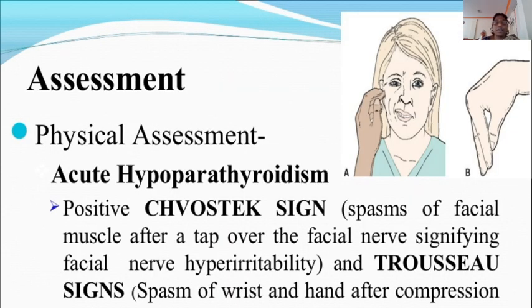Then assessment. How to assess a patient diagnosed with hypoparathyroidism. In assessment, history and physical examination. Physical assessment, acute hypoparathyroidism: positive Chvostek's sign, that is spasms of facial muscle after a tap over the facial nerve, signifying facial nerve hyperirritability.